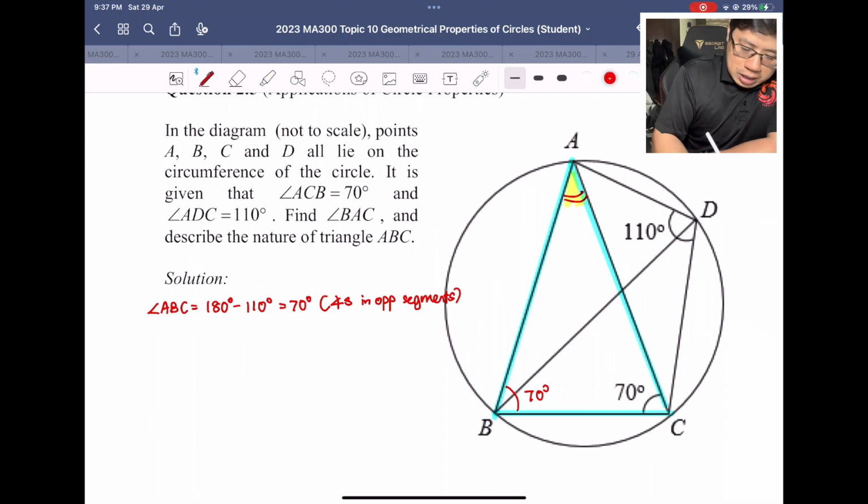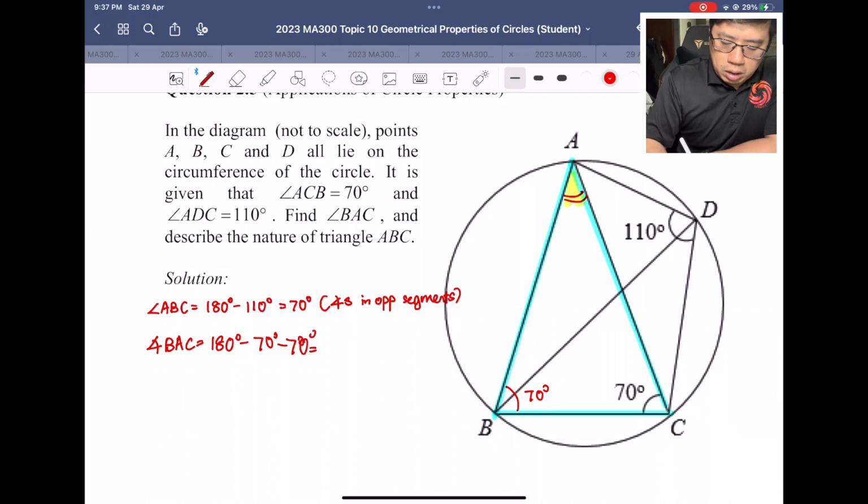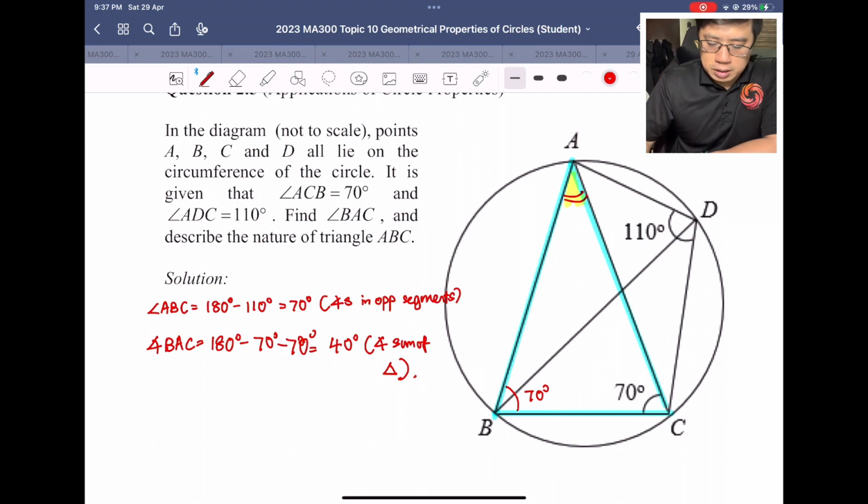So I just recognize by looking at the blue triangle, angle BAC will just be 180 minus angle ABC minus angle BCA, which is equals to 180 minus 70 minus 70, equals to 40 degrees. And the reason here will basically be angle sum of the triangle.